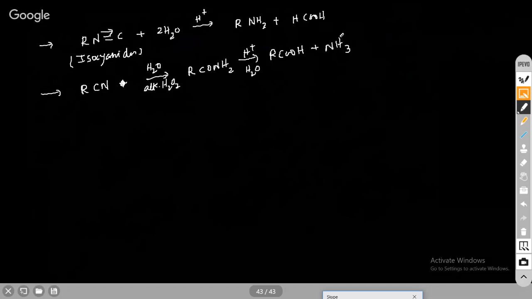So you see two differences we have here. Ammonia gas evolves, acid forms, and here amines we get. Isocyanide gives you amines, cyanide gives you acid. That is one important reaction we have that you must remember.